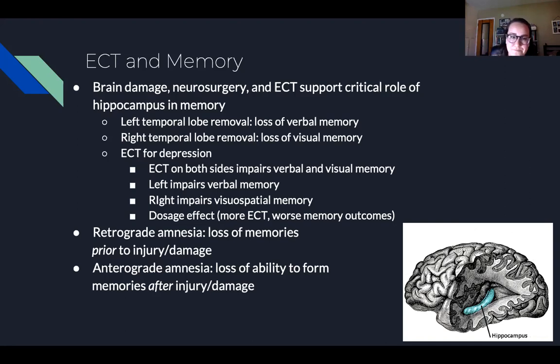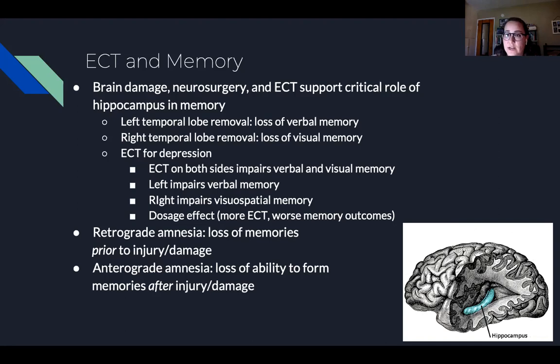It is cumulative. And then just some words associated with these memory impairments that we've seen and studied from these brain damage and neurosurgery and ECT cases are retrograde amnesia and anterograde amnesia. Retrograde amnesia is the loss of someone's memory before they got injured or were in an accident or their brain got damaged or whatever it is.